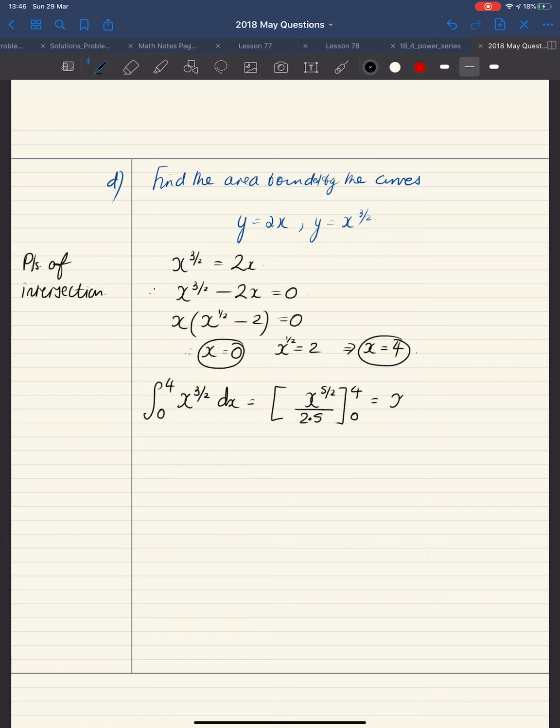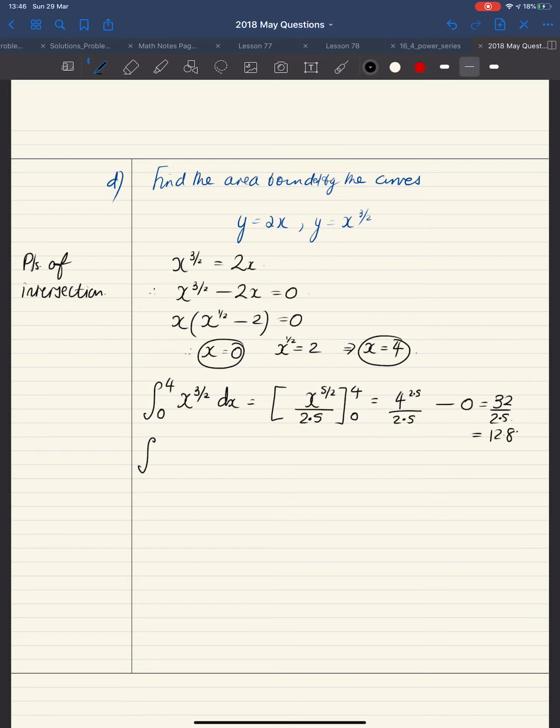So it's 4 to the power 2.5 divided by 2.5 minus 0. And I'll get my calculator for that one. 4 to the power 2.5, 32. 32 divided by 2.5. Let's see what that is. 12.8.